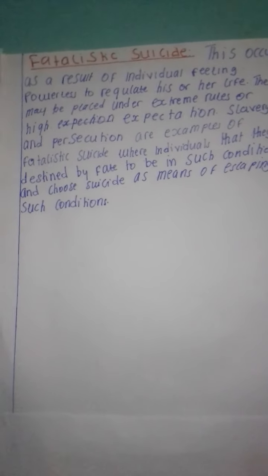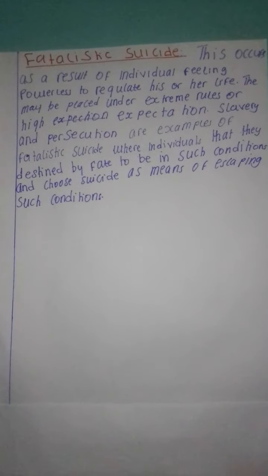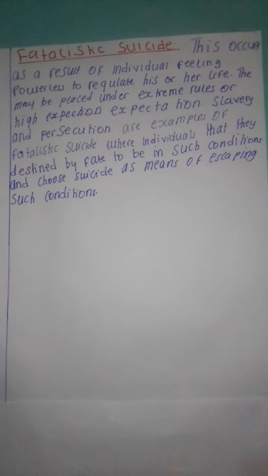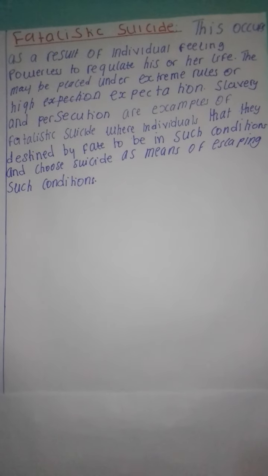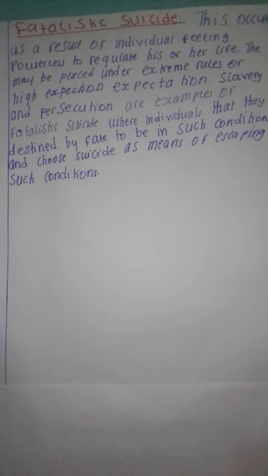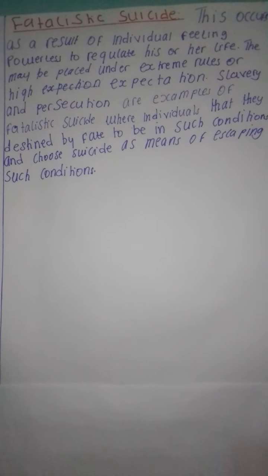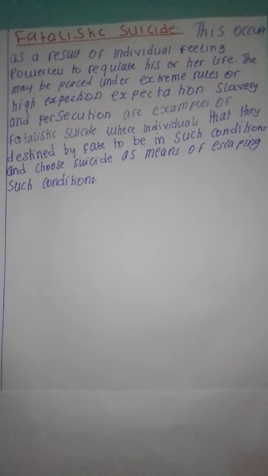Then the fourth one is fatalistic suicide. Fatalistic suicide occurs as a result of an individual feeling powerless to regulate his or her life. The person may be placed under extreme rules or high expectations.